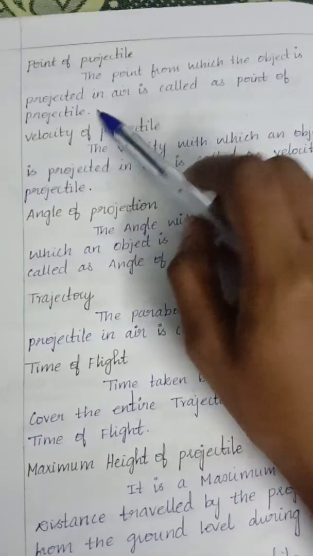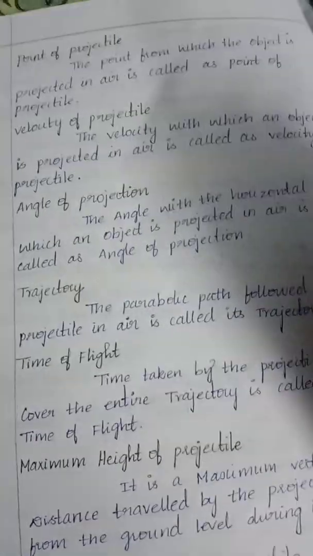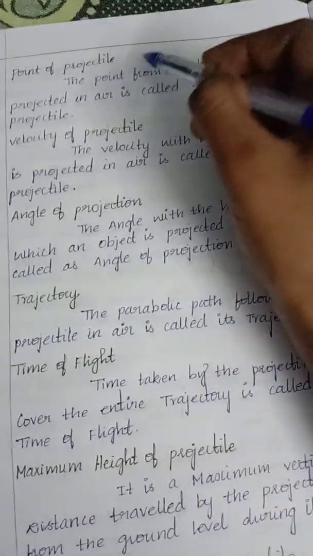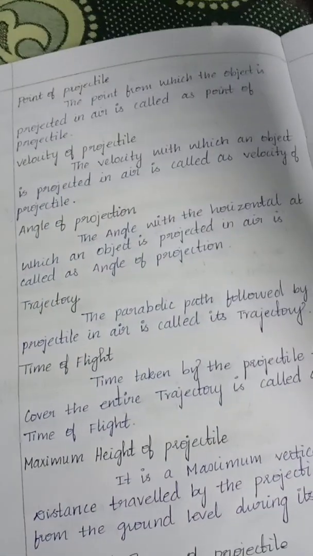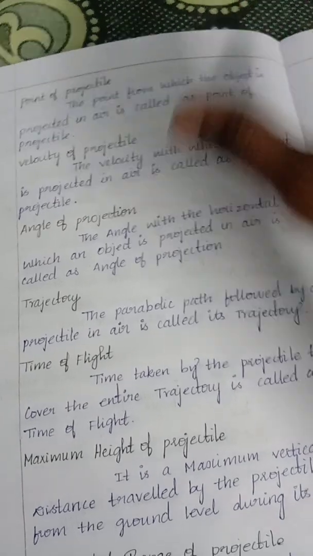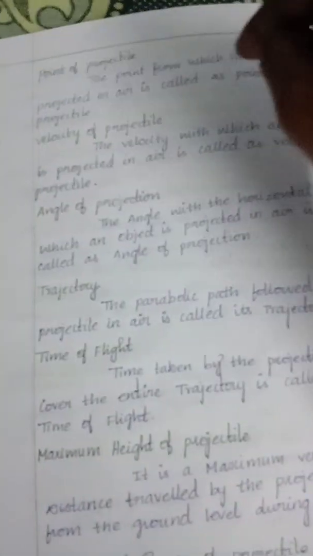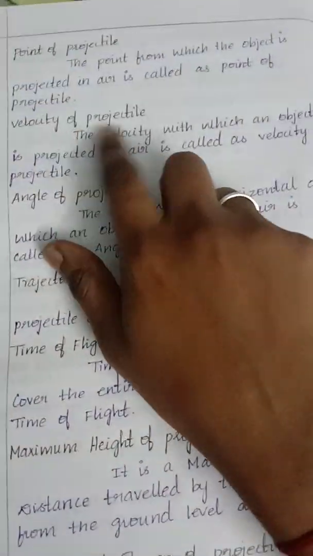The point of projectile is the point of projection. The point where a person's hand holds a stone is called the point of projection. Next is the velocity of the projectile.